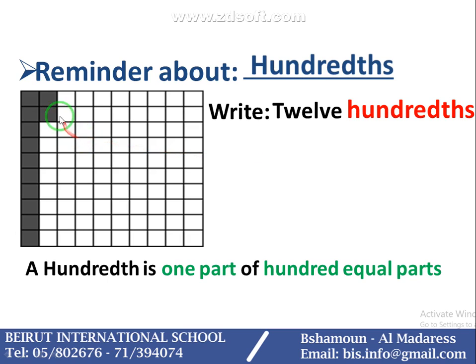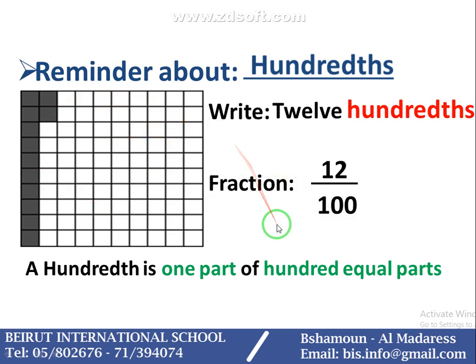And if we want to represent them as a fraction, we write 12 as a numerator and 100 as a denominator, which is the total number of the squares we have. And as you can notice, the number 100 is related to hundredths over here.